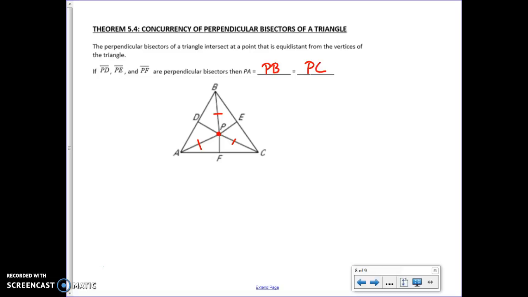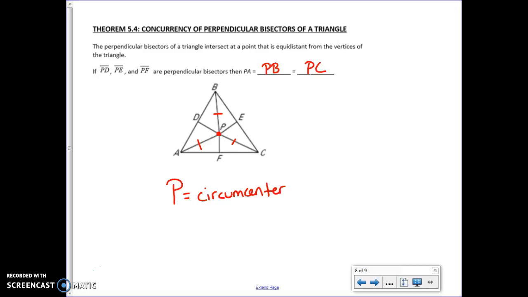And this point P has a special term, and it is called the circumcenter. That's a term that you need to know. Circumcenter.